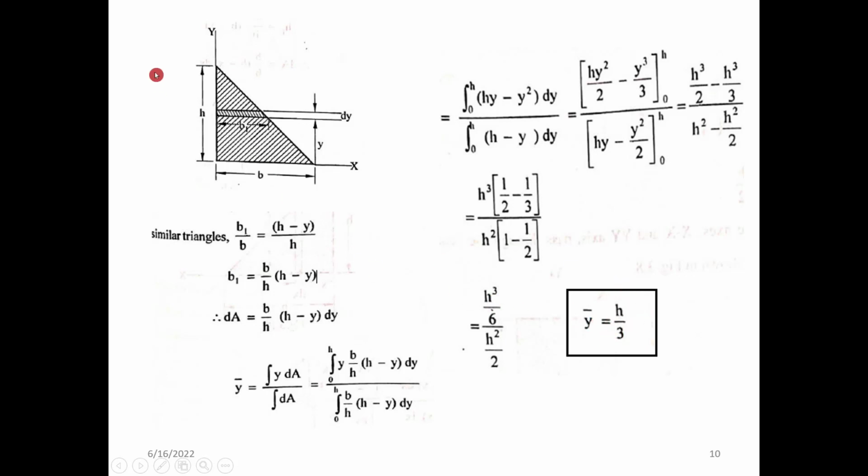So this means that for a triangular figure, the centroid y bar, from the x-axis, is at a distance of h by 3. So the y bar value will be at roughly this point. Now we have to find the x bar with respect to the vertical axis. So we take the integration of x into dA by integral dA.